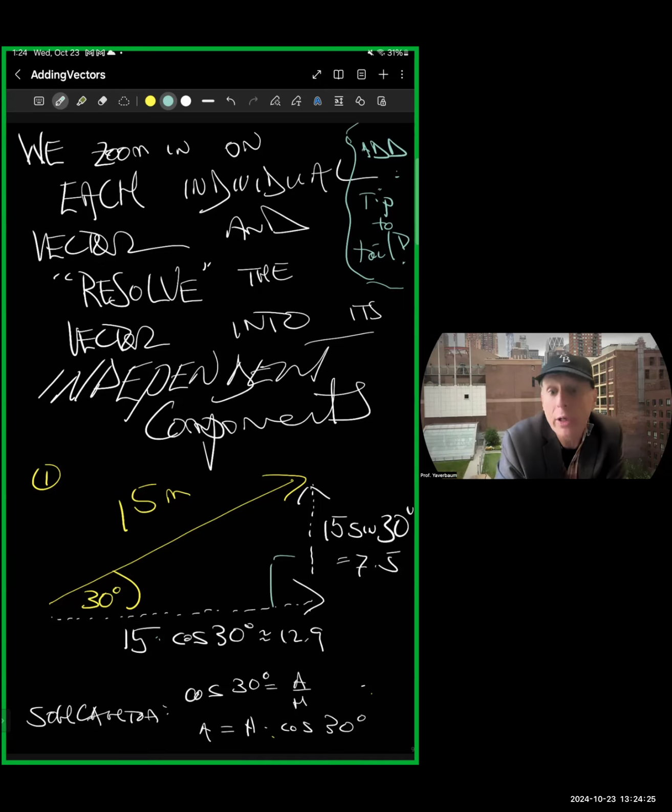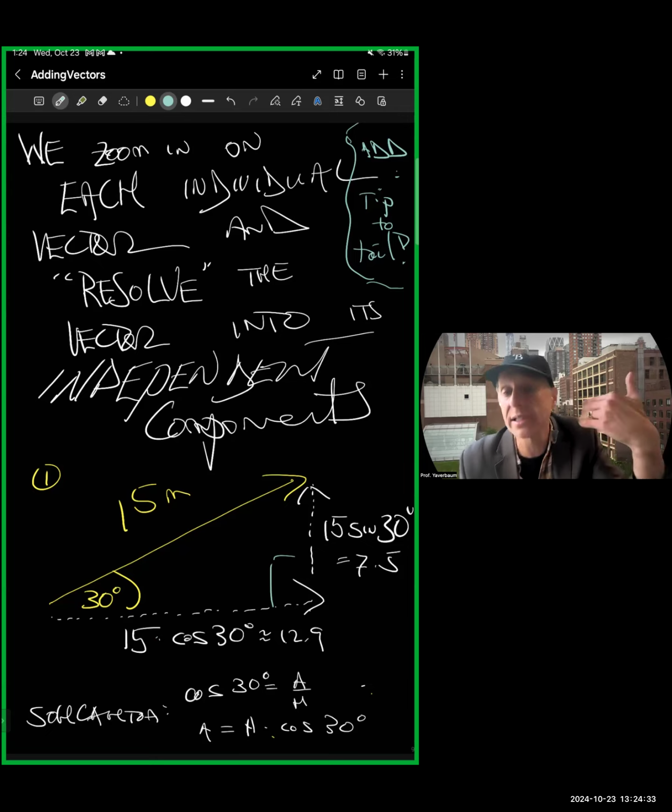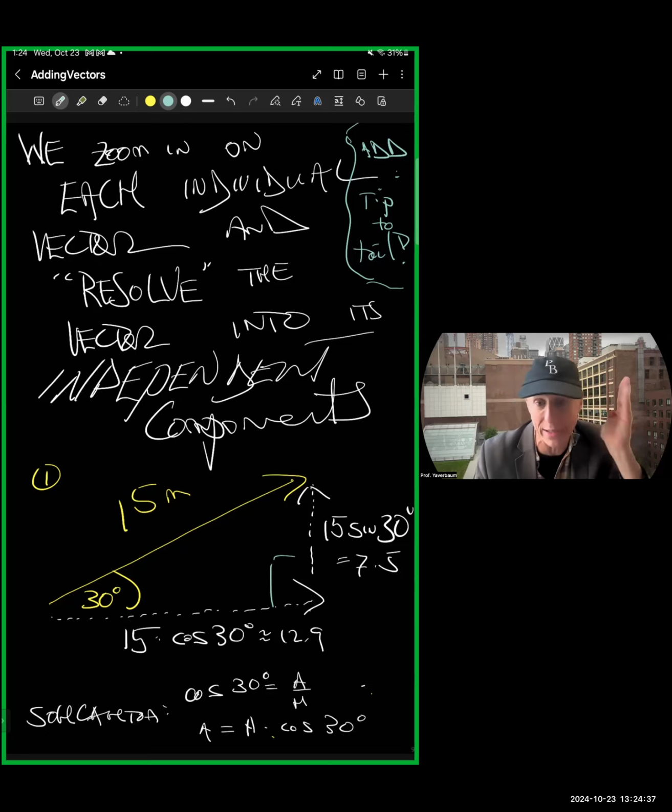If I'm looking for the adjacent side, I multiply both sides by the hypotenuse, so the adjacent side is necessarily hypotenuse times cosine. I'm going to do this every single time from now on. In my mind, the adjacent side of a triangle is the cosine times the hypotenuse, and the opposite side is always the hypotenuse times the sine.